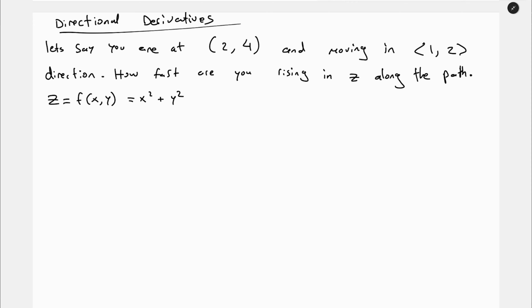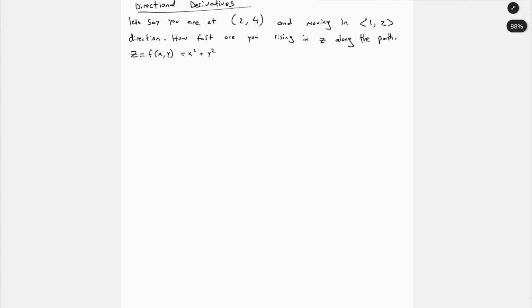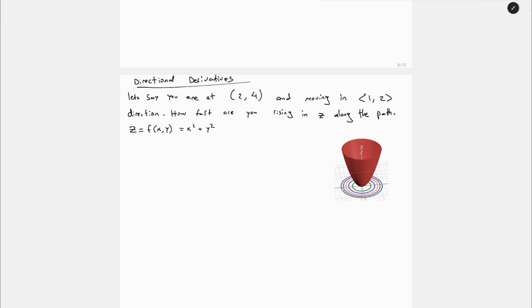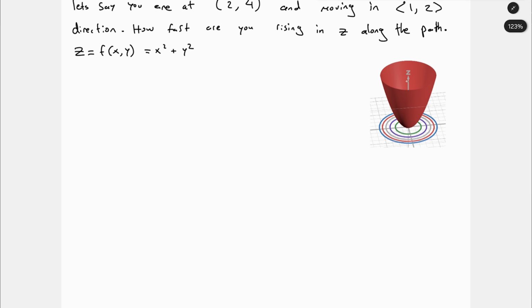How fast are you rising in Z height along the path? So we are in kind of like 3D, right? So if you are moving in this path, how fast are we rising in Z? And this is our function, the function we had before. Let me actually put a picture of it. Our function was like this.